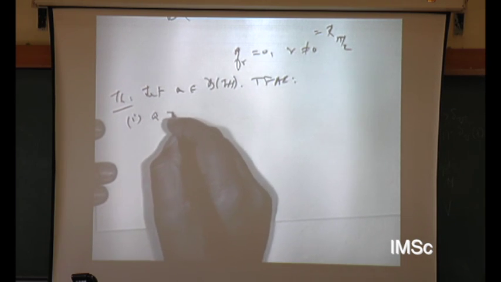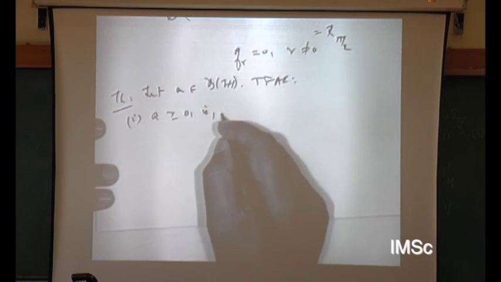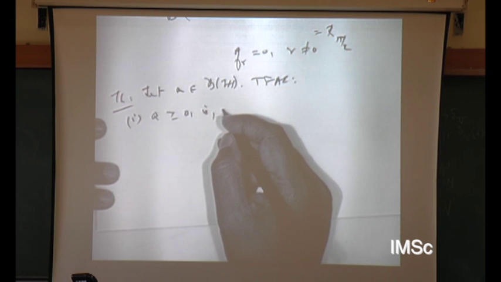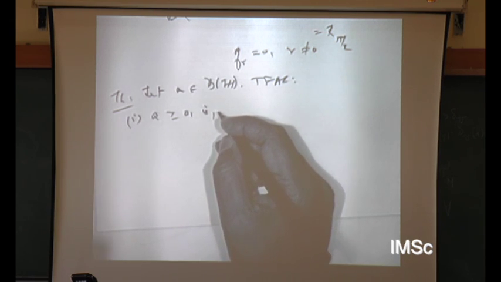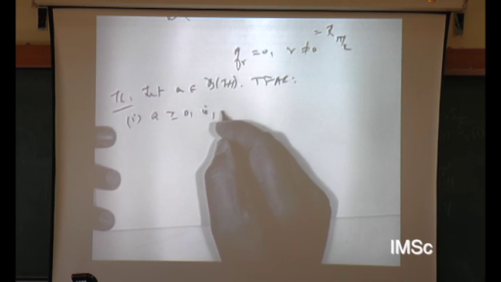A is positive. That is, I spell out what I mean in the definition. And all notions of positivity are the same, but here I want to be pedantic and take this definition of positivity.